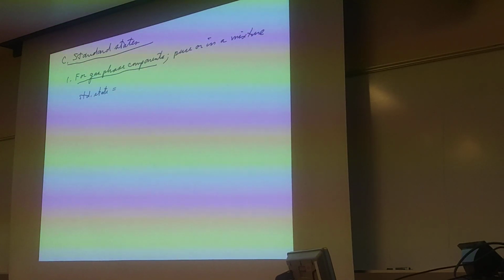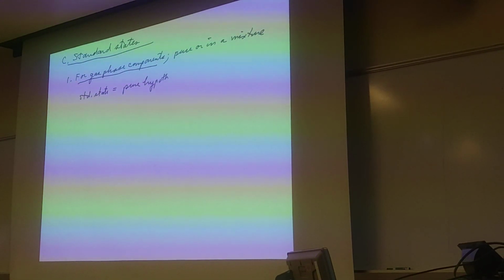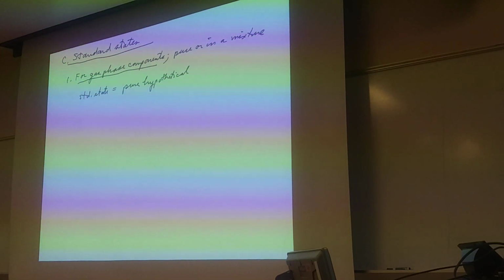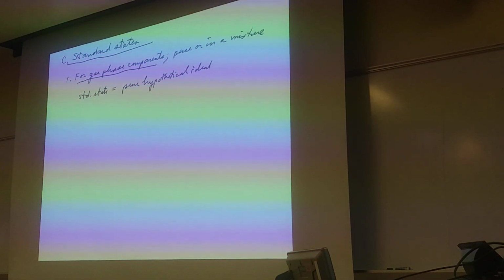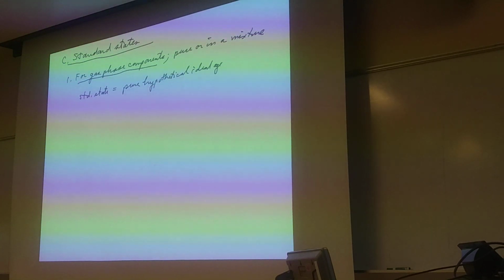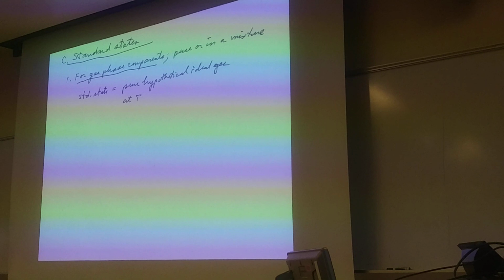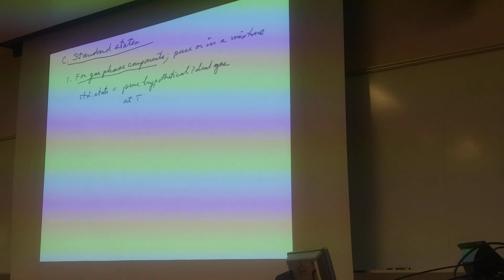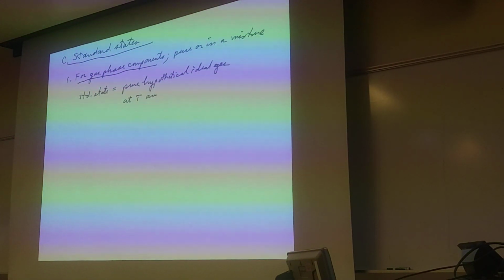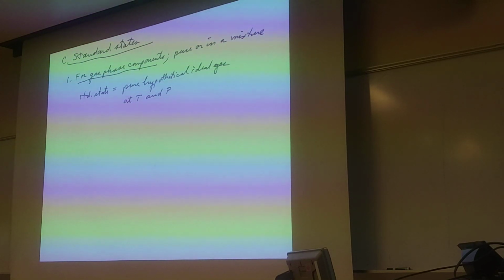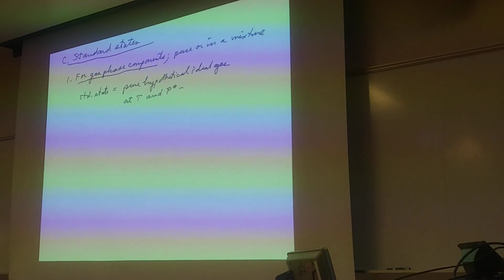The standard state is the pure hypothetical ideal gas at the temperature of the system, so I'm just saying at T, and the standard pressure, let's call it a P standard, is equal to 1 bar.